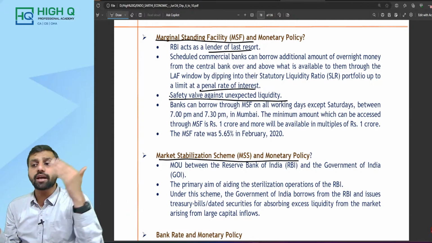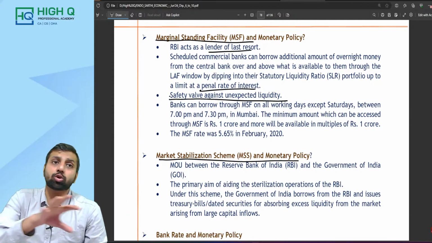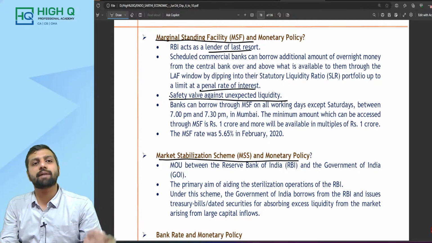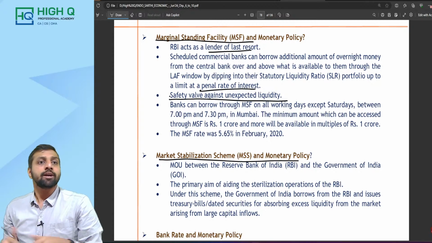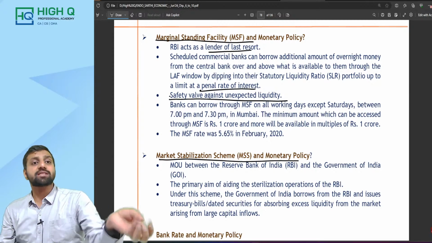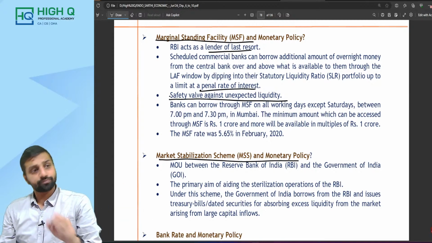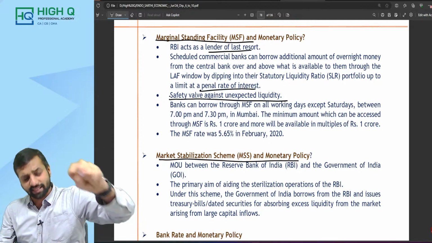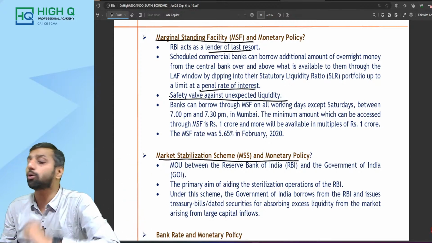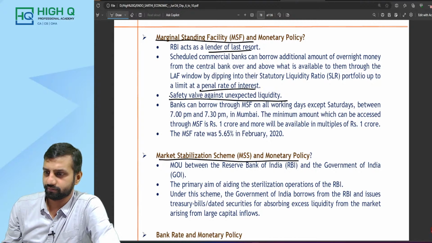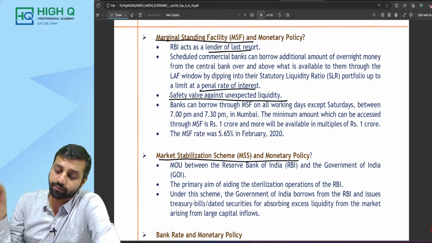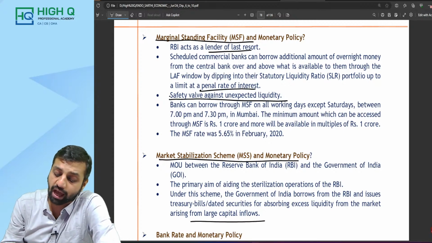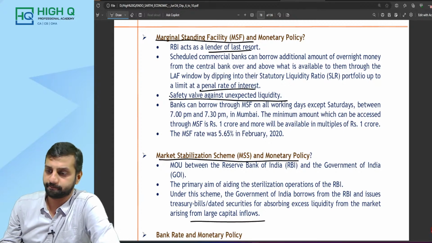So he allowed the inflow of money, and he took away the money from the public by issuing bonds for a shorter period of time. So he announced bonds. People started investing in bonds. So that money which was excess in the market was pulled out, absorbing the excess liquidity from the market arising from large capital inflows.